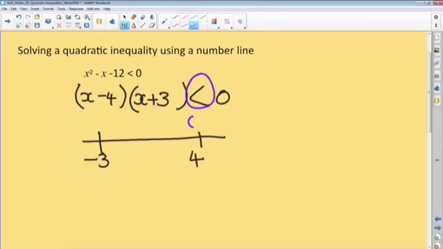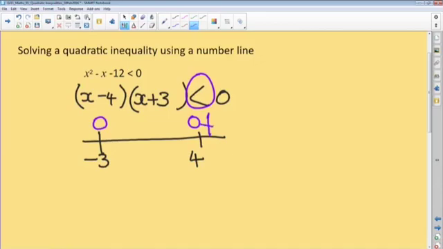So you'll have the critical values minus 3 and then 4. Here, I'm taking the numbers greater than 4, substituting them in this factorized format, and any number greater than 4, substitute here, and I'm only concentrating on the sign, all right? So if I put a 5, that's going to be 5 minus 4, which is a 1, 5 plus 3, 8, 8 times 1, you get a positive answer, all right?